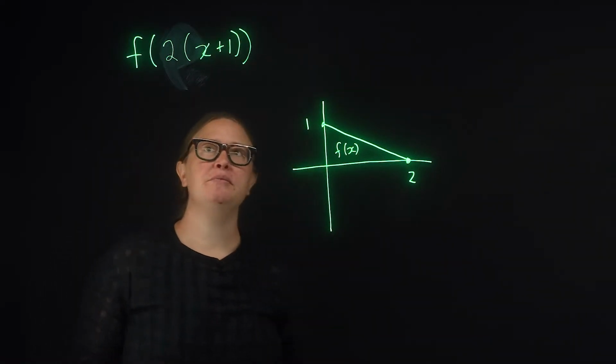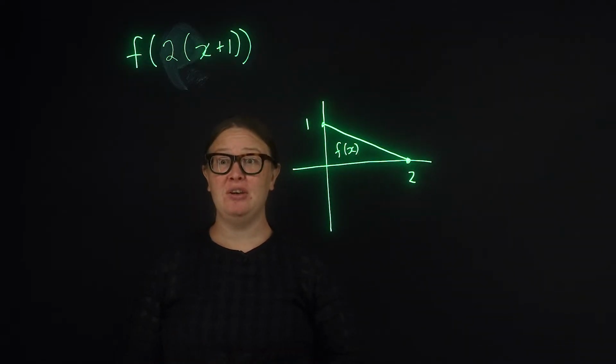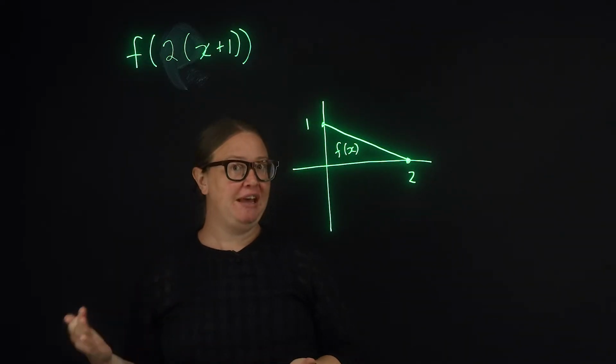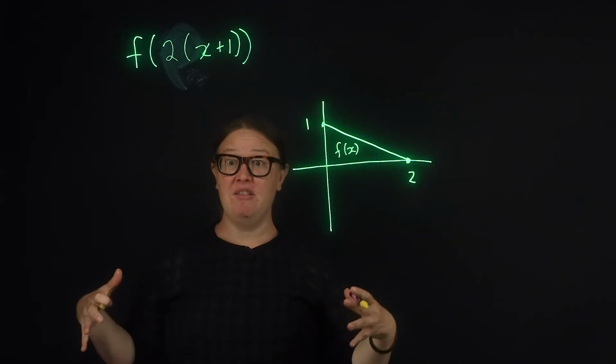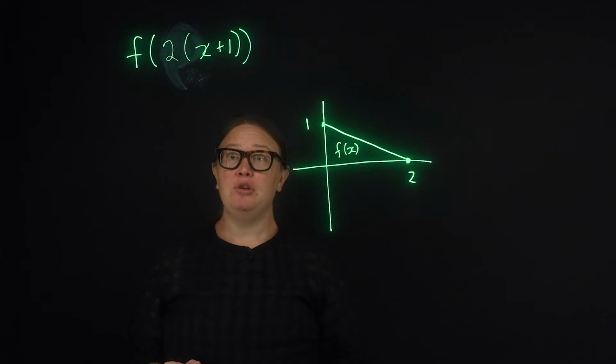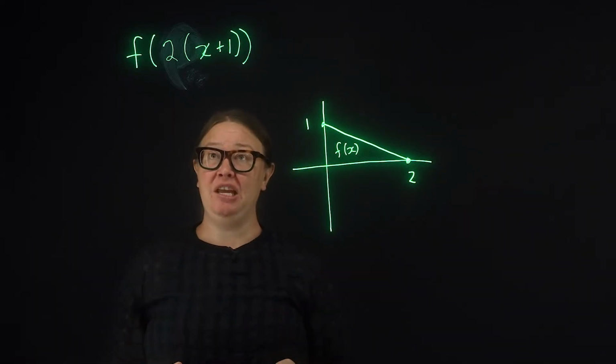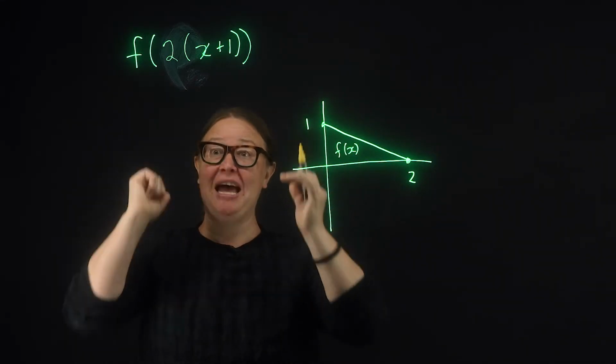plus 1. Okay, and so when I look at this, my big question is, wait, was this a shift left by 1 and then a compression by 1/2, or was that in the other order? So what we saw doing this with general variables b and h is that the inner thing happened last.